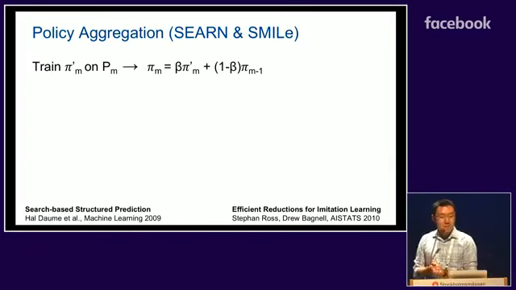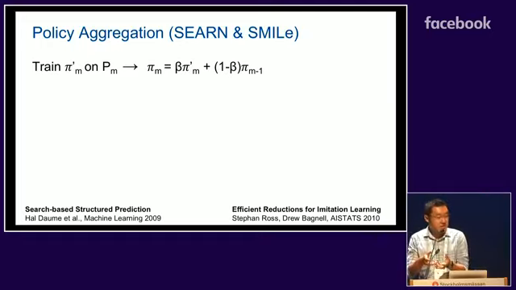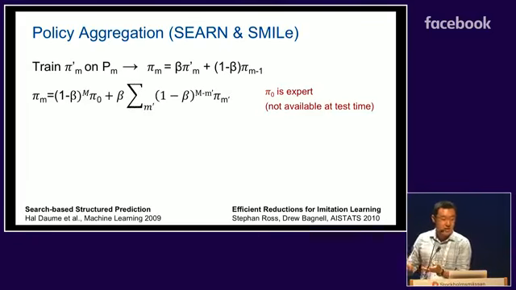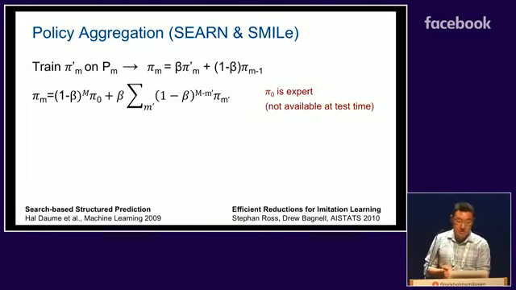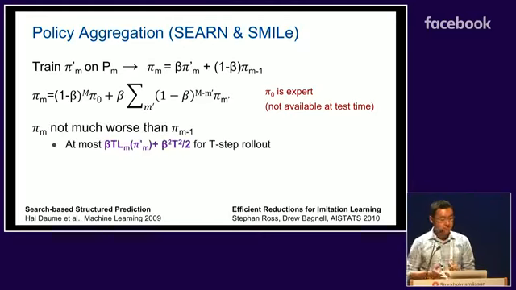Okay, policy aggregation trains an intermediate policy pi prime sub m on the current distribution of states, p sub m, and then blends it geometrically with all the previous pi primes. So that means pi sub m is this geometric blending of all the previous pi primes, right? And recall that pi naught is the expert, which is not available at test time.